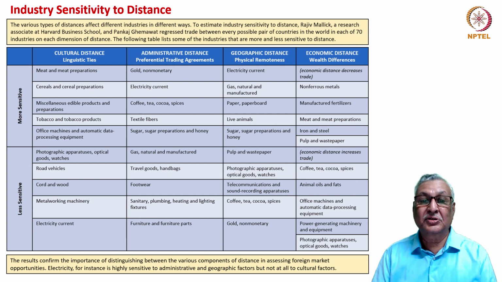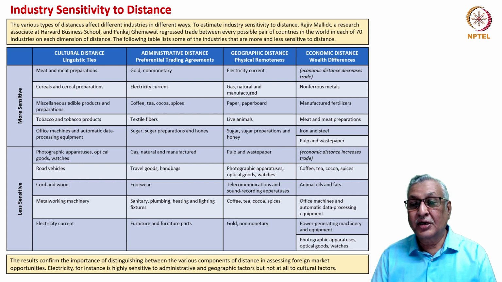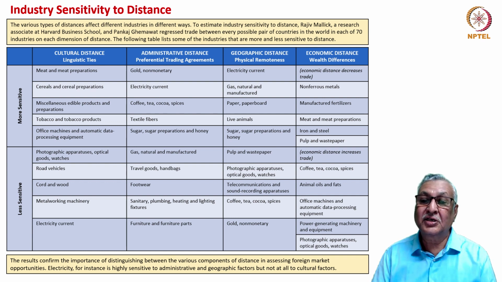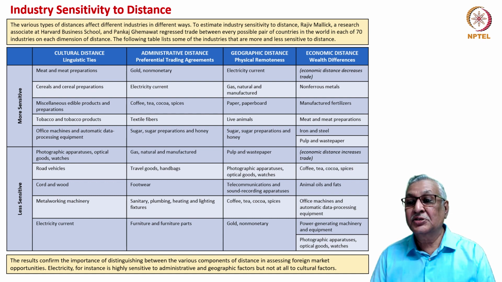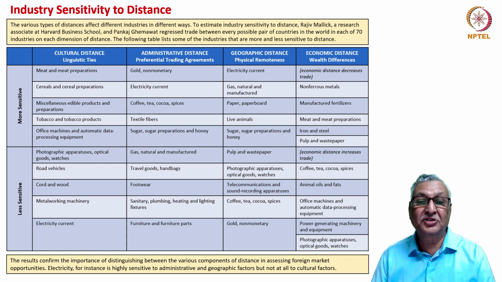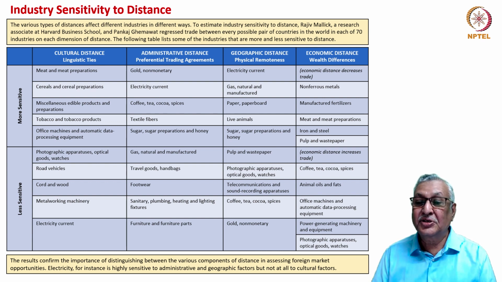Physical remoteness again impacts electricity current, natural gas as well as manufactured gas, paperboard, live animals, sugar preparations, and honey. The economic distance impacts, especially economic distance decreases trade, in the case of non-ferrous metals, manufactured fertilizers, meat and meat preparations, iron and steel, pulp and waste paper.